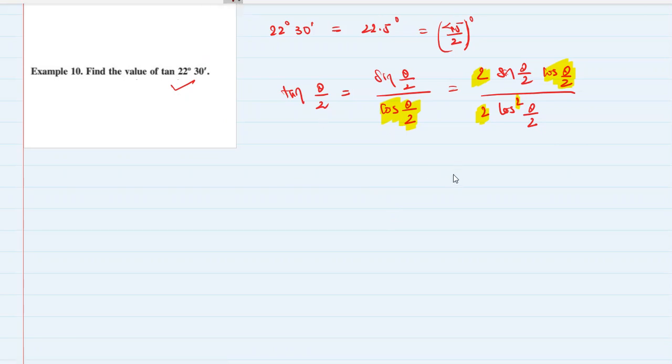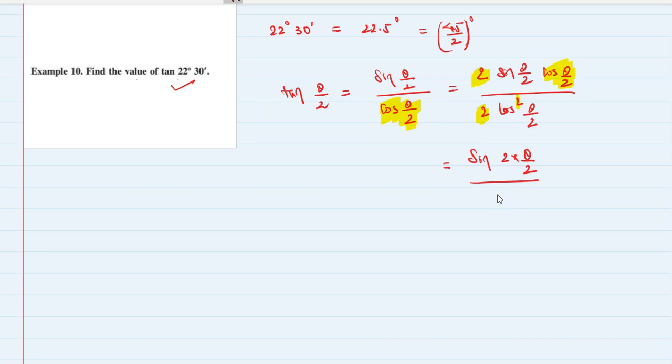Okay. So remember, 2 sin theta by 2 cos theta by 2 will be sine. Let me tell you, 2 sin theta cos theta is sine 2 theta. So here we get sine of 2 times theta by 2 upon 2 cos square theta by 2.